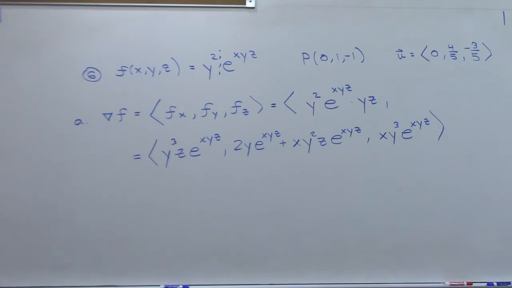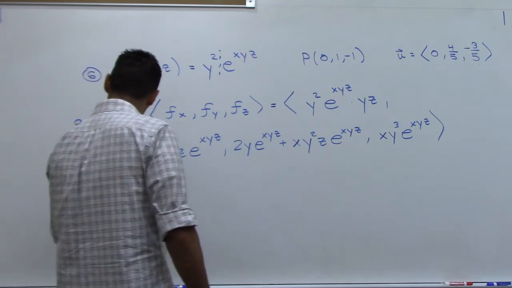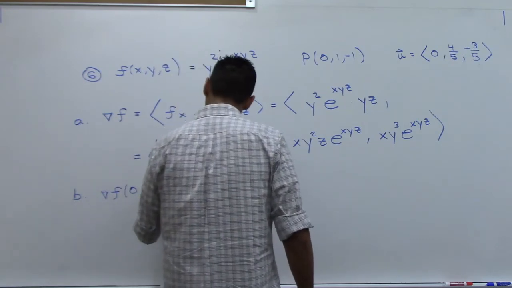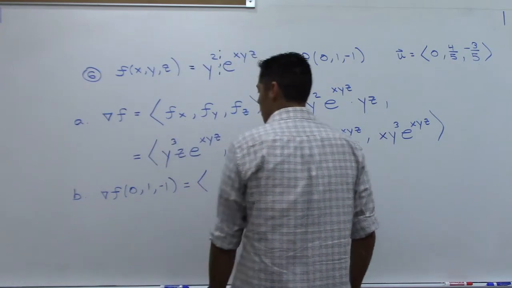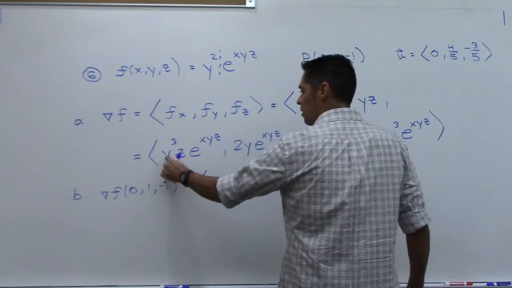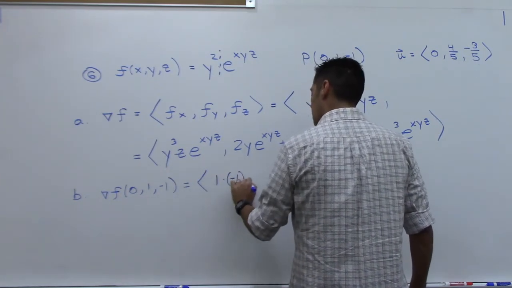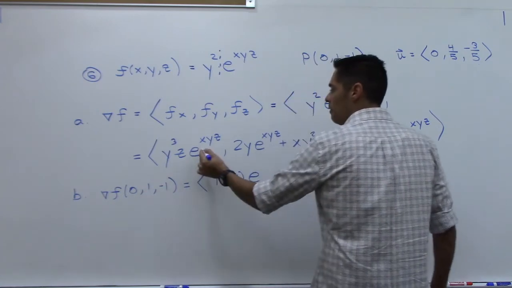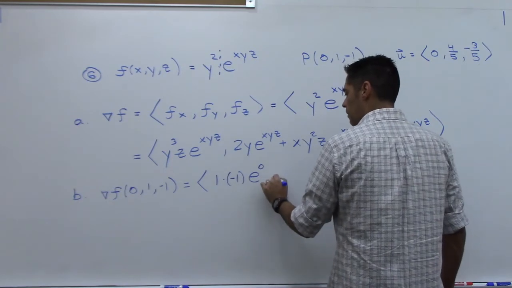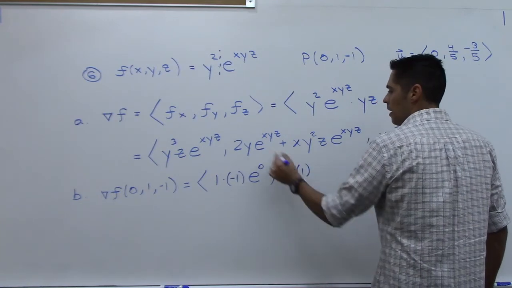Okay. All right, so now we want to know the gradient at the point 0, 1, -1, and that's just going to be a vector. Plug in 0 for x, y is 1, z is -1. So here we get 1 cubed, we get 1 times z is -1, so -1, and e to the, well, if x is 0, then this is just going to be 1, so I'll just put e to the 0 here. 2 times y is going to be 2 times 1, and then e to the 0 again.